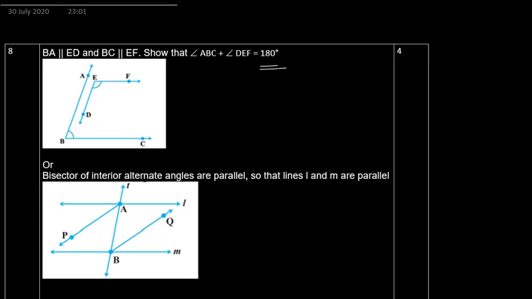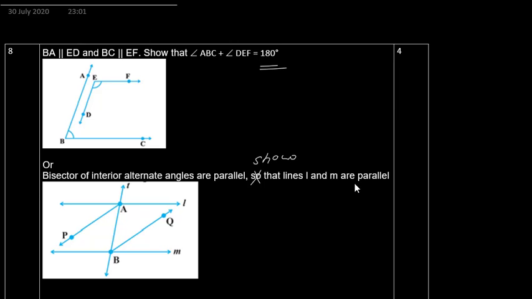Or, the bisectors of interior alternate angles are parallel. We have to show that line L and M are parallel.